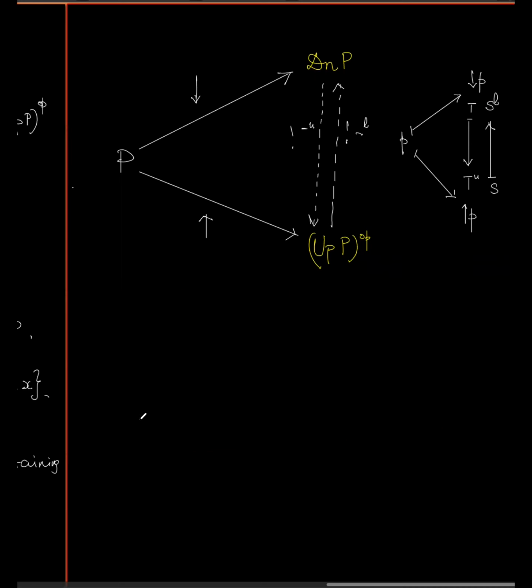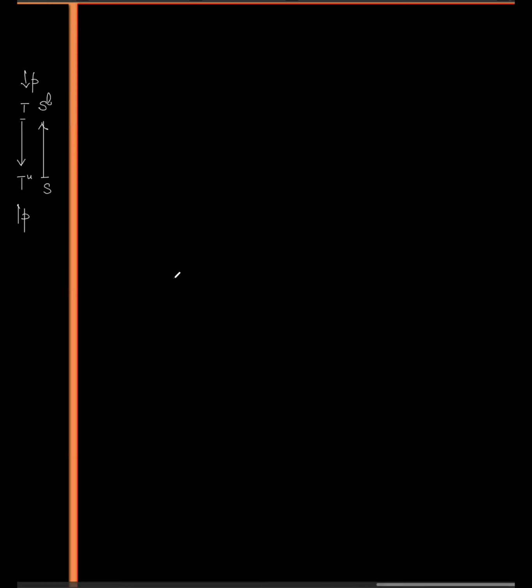Suppose we have a partially ordered set like this, and let us put another thing over here. Say, let's say this.